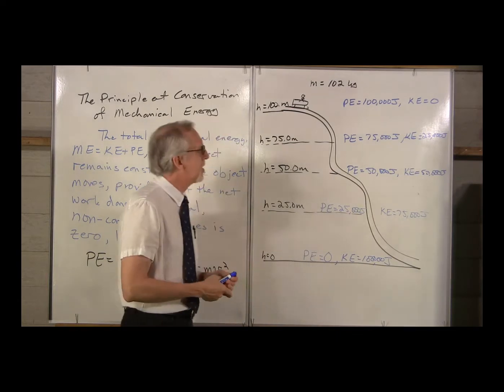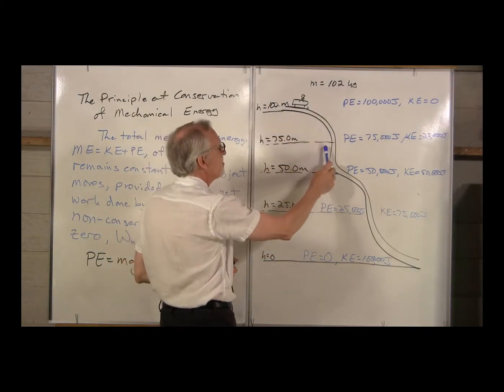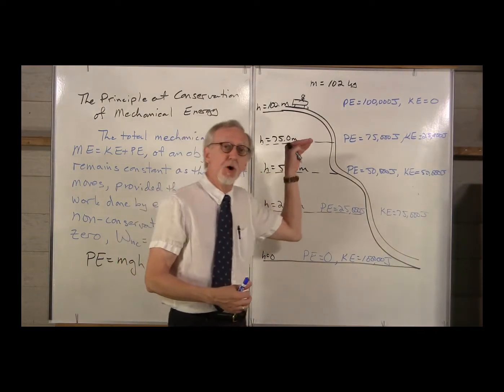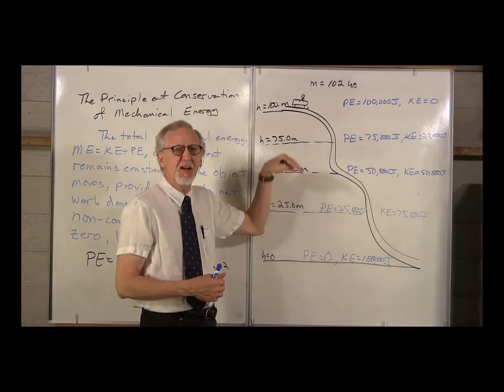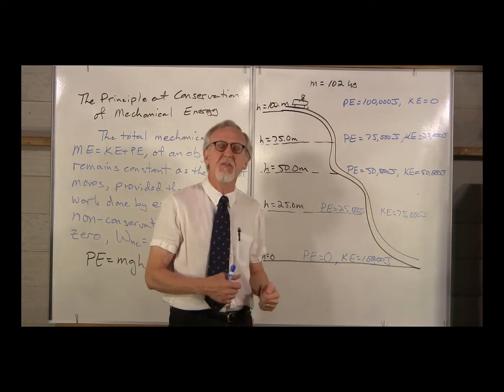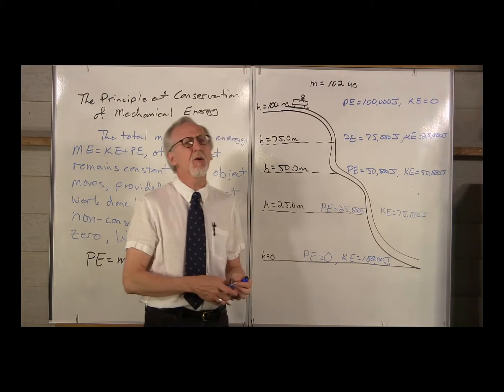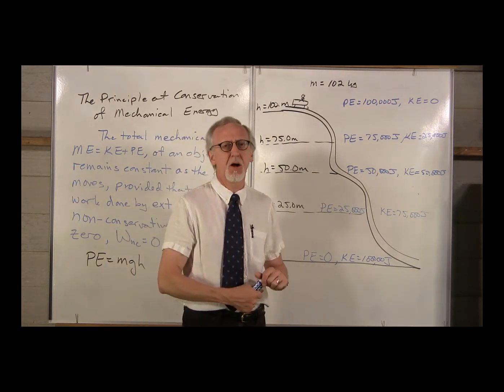To do that, we would have to know the exact mathematical form of this curve and figure out the component of the weight down the incline at every single point and figure out how it is accelerating, what the final velocity is. That would be a very, very difficult problem.